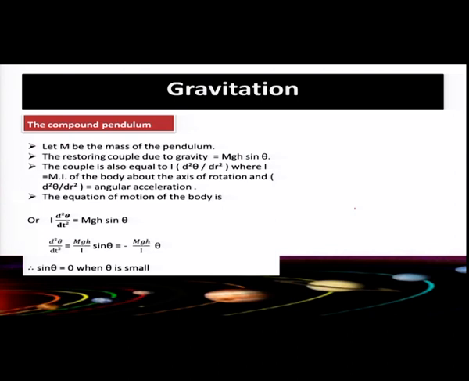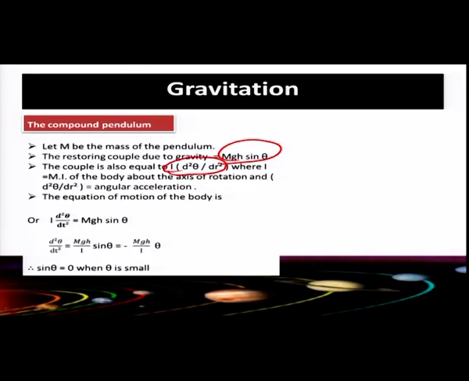The restoring couple due to gravity is mgh sin theta, and the couple is also equal to I into d squared theta by dt squared, where I is the moment of inertia of the body about the axis of rotation and d squared theta by dt squared is the angular acceleration.